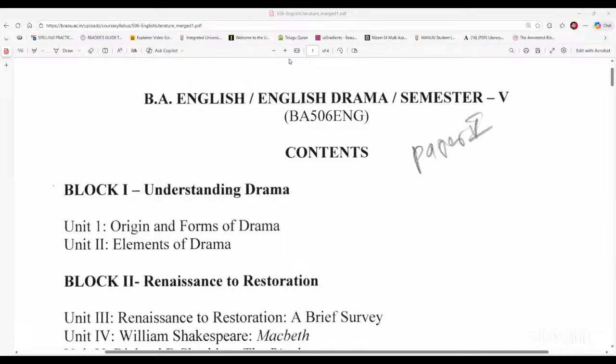Each movie has characters, so it is easy for you to guess what character means. Characters are the agents who carry out the action. So in a story, in a drama, the action is carried out by characters. And in doing so, they also reveal the plot through speech and action.